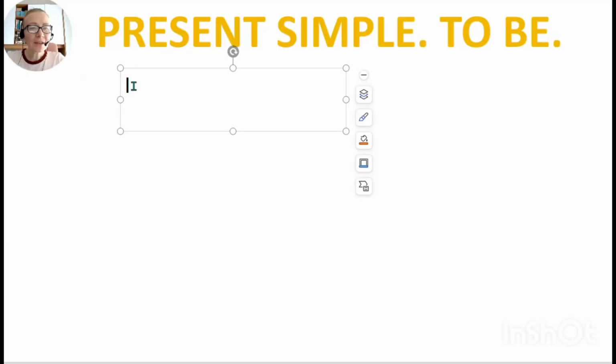So let's take a look at my notes and I'm going to show you how we form this fantastic verb to be. Let's dive in. Let's start, and first of all, we are going to learn how we form present simple. So let's see. I am.